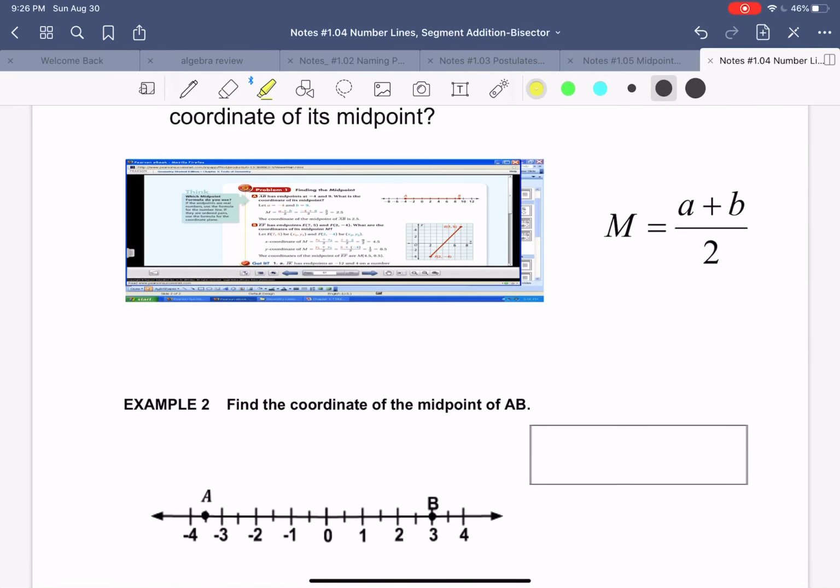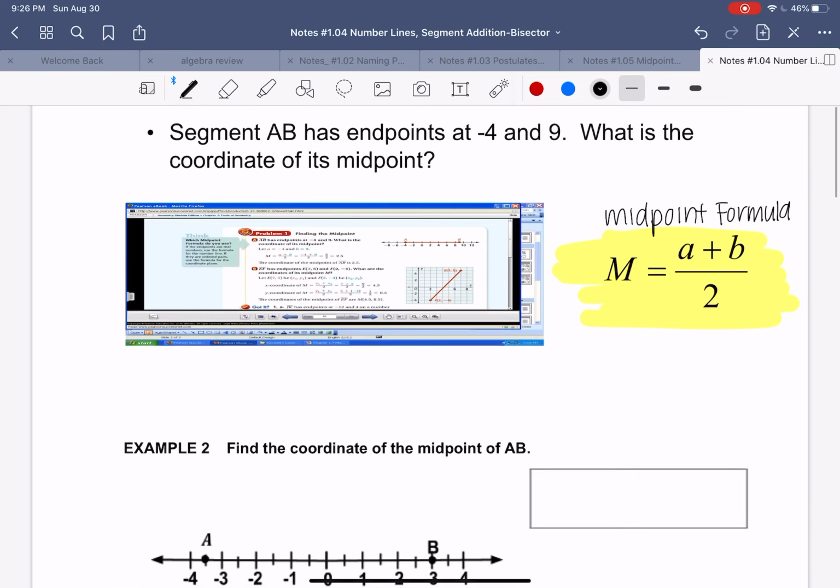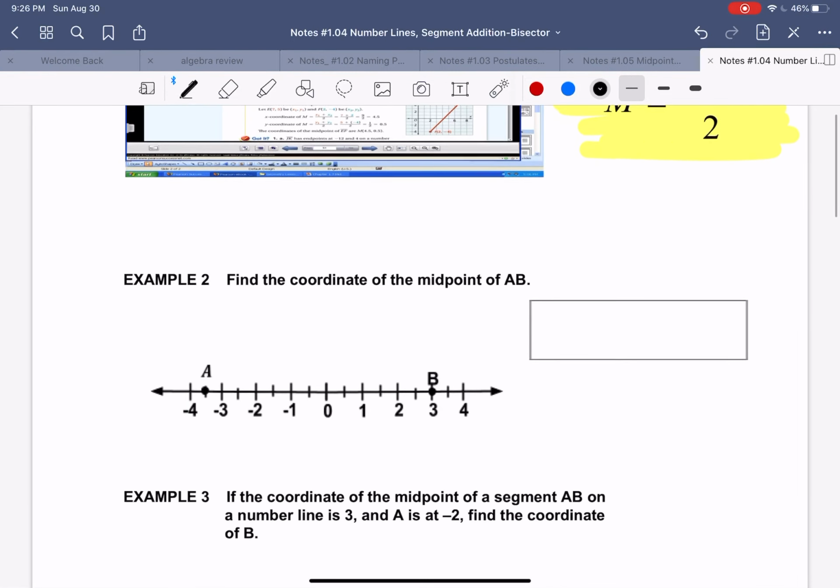So this right here is something that you will need forever and ever. Okay, this is the midpoint formula. Okay, and M stands for midpoint. So it says segment AB, so we have segment AB right here.